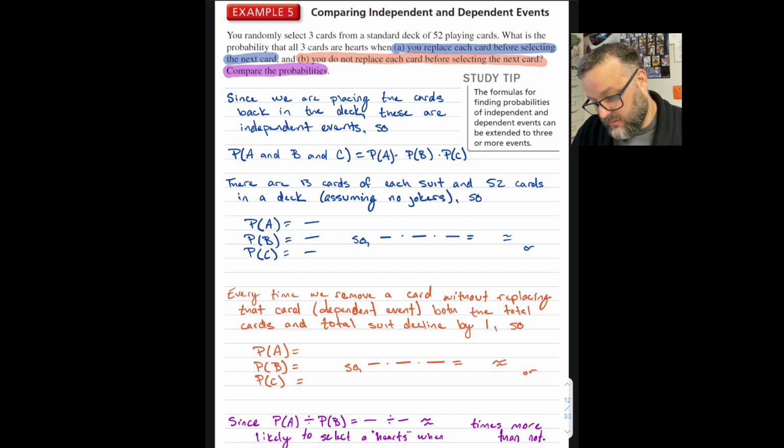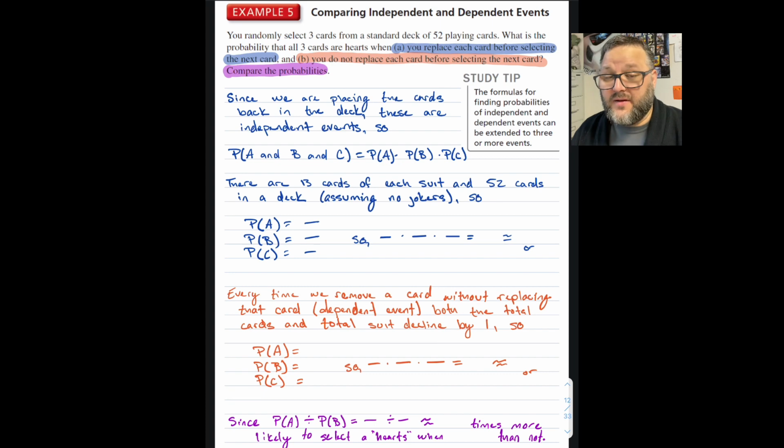So if we keep that in mind, we can use the idea that the probability of A and B and C is the same thing as the probability of A times the probability of B times the probability of C. Now that last part's new, the probability of C being added in, and what it indicates is the probability of all occurrences when they're each independent is the same thing as multiplying each probability independently.